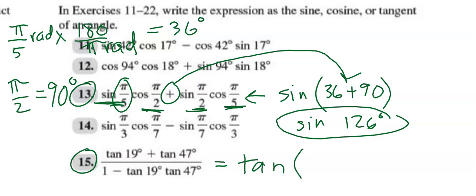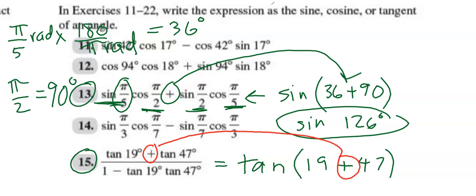Did you say something about 19 and 47? Did you decide you were going to add them or subtract them? Add? How did you decide that? Because the top is based on the sine and the bottom is based on cosine, the sign on the top stays the same, right? Okay, so that's tangent of what? 66, right?